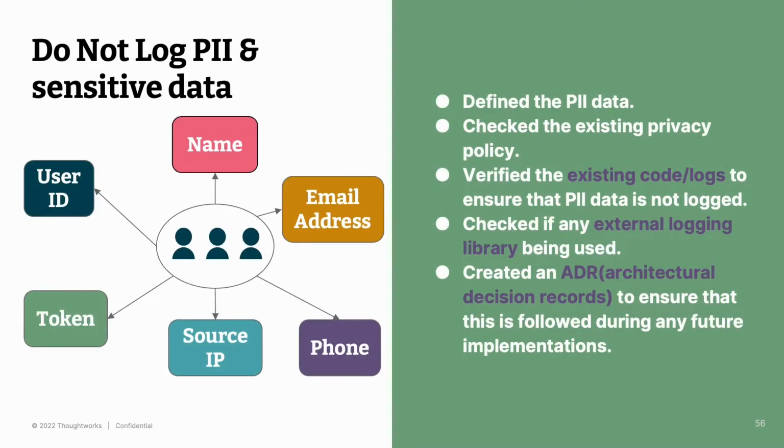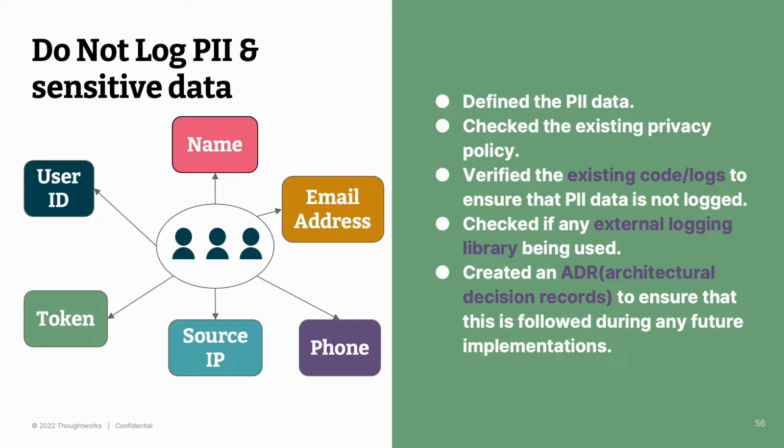Do not log PII. That was tricky because PII is something that is specific to an organization or a country you are operating in. Every country has its own way of defining personally identifiable information or even sensitive data. So we spent some time working with the legal team to define PII first before we could actually look into what to prevent.